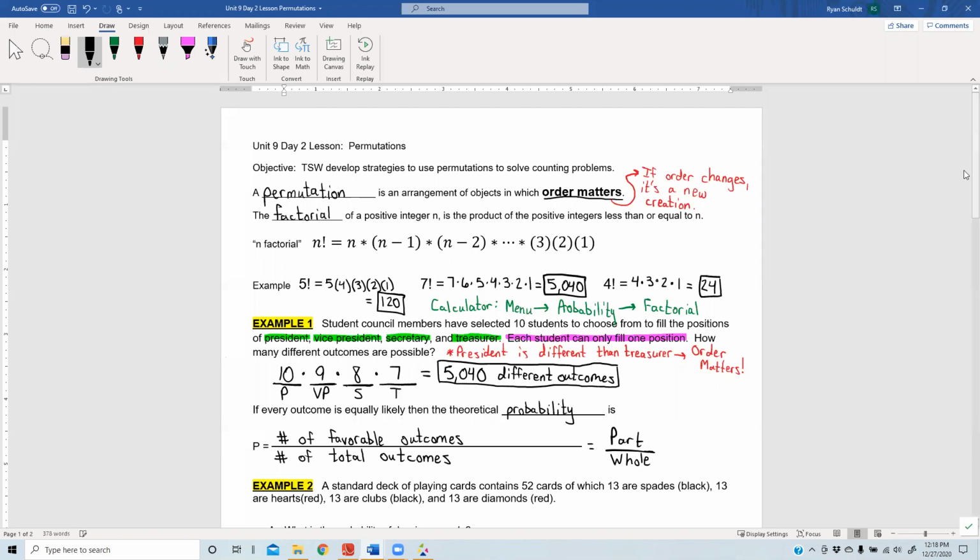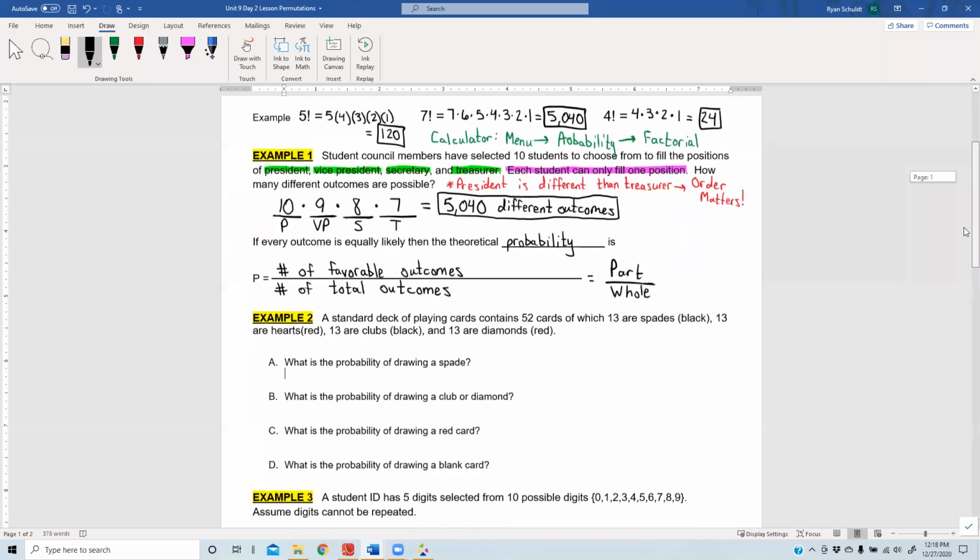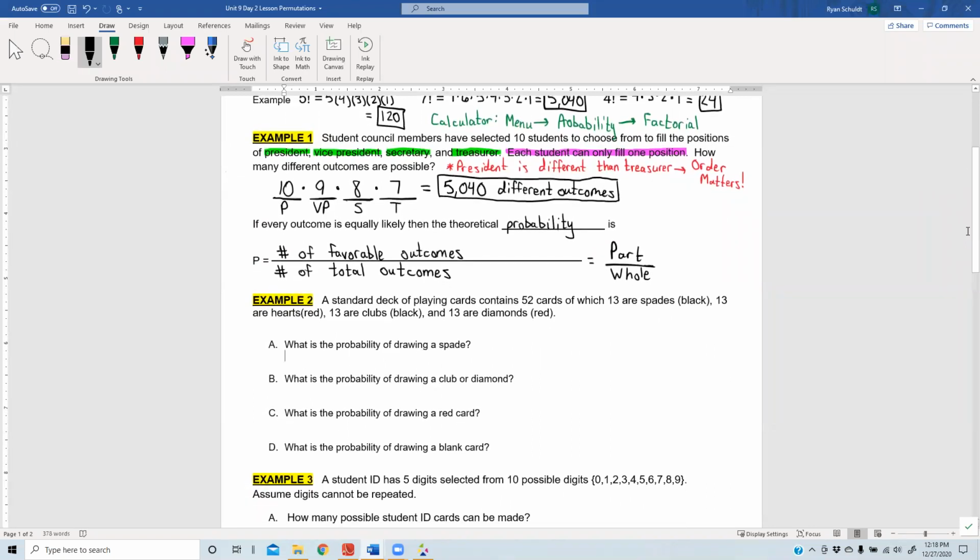So let's take this and look at some probabilities using a deck of playing cards. A standard deck of playing cards contains 52 cards. 13 of them are spades, which are black. 13 are hearts, which are red. 13 are clubs, which are black. And 13 are diamonds, which again are red.